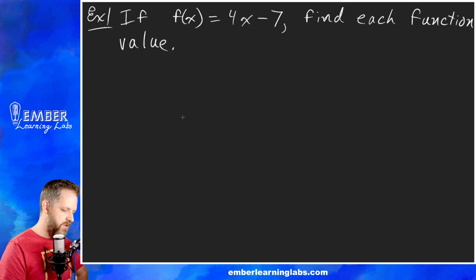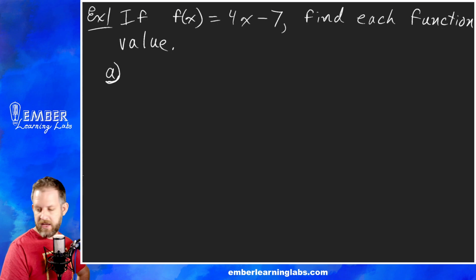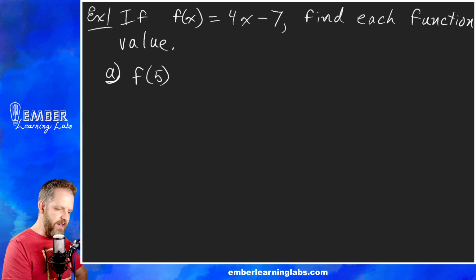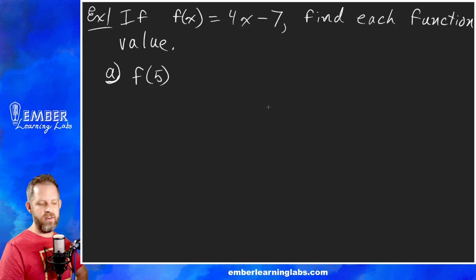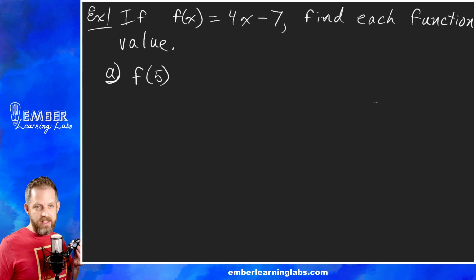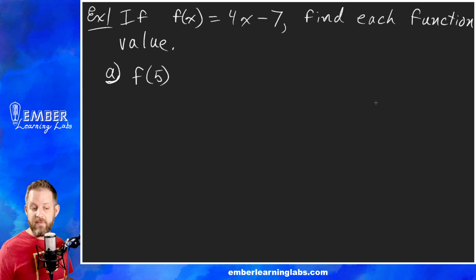Okay. So the first function value that we want to find, this is part A of this example, is f of 5. So this is function f. It's 4x minus 7 equals f of x, right? And so what we do is basically this function's like a substitution problem, like any other substitution problem that we've ever done.